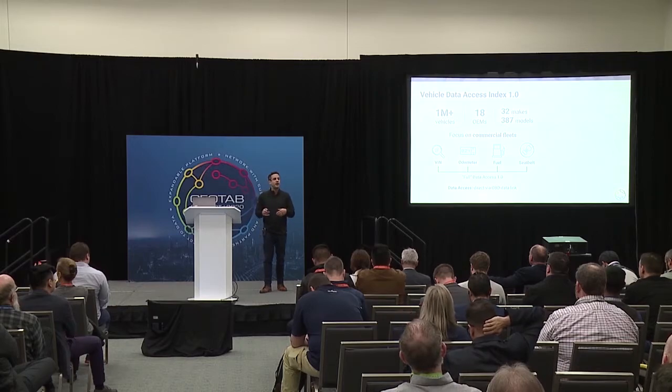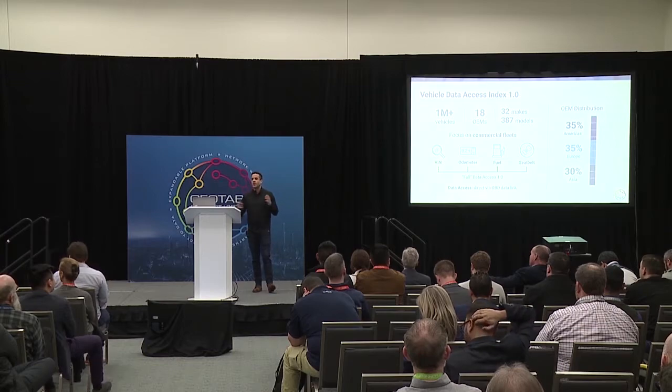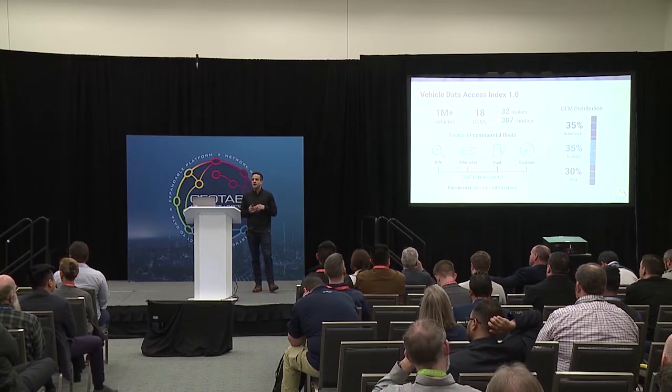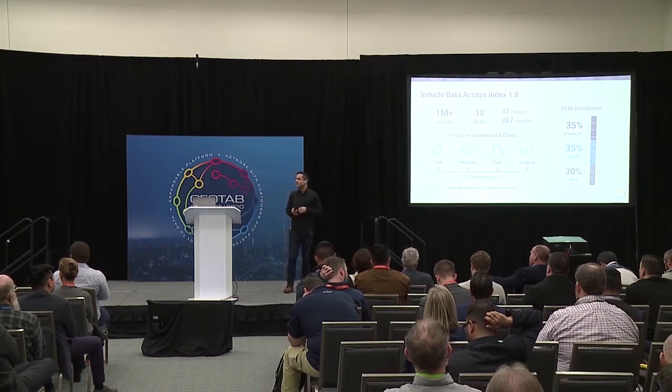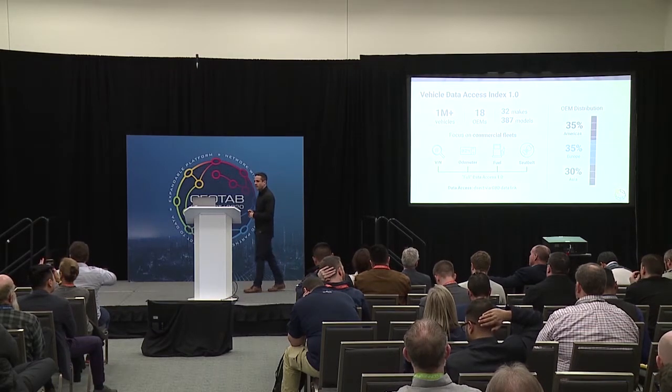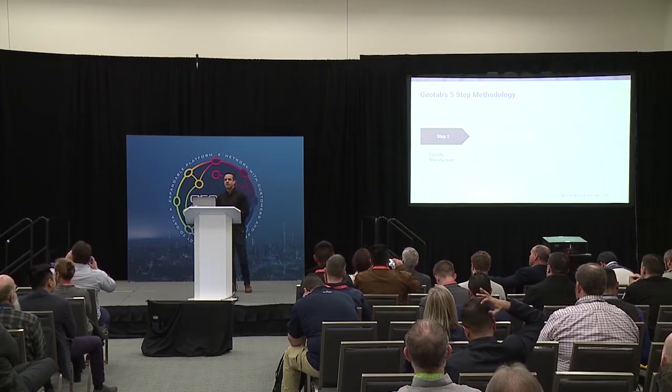We'll go beyond that and look at roadworthiness scores, things like check engine oil light, ABS activation, that kind of thing. And again, just to be clear, this is all from the OBD device for version 1.0. If we're looking at an OEM distribution perspective, we have OEMs from across various regions. So 35% of the OEMs come from the Americas, 35% from Europe, and 30% from Asia.